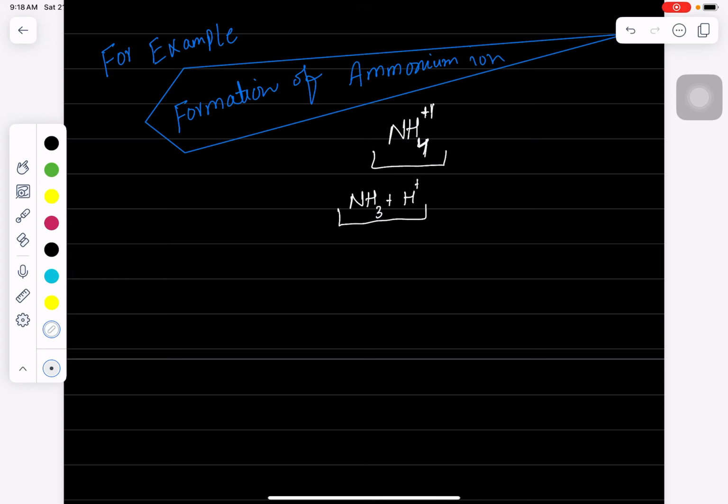Now if we make the stick diagram or the structural diagram, it would be like this: N here, H, and as you know, nitrogen is in group 5, that's why it has 5 electrons in its valence shell. 3 are already bonded and 2 are left, meaning one pair is already here. These 2 electrons will be shared with hydrogen.